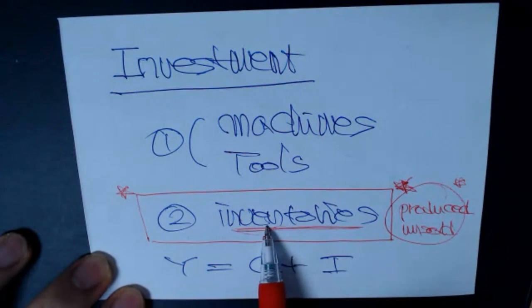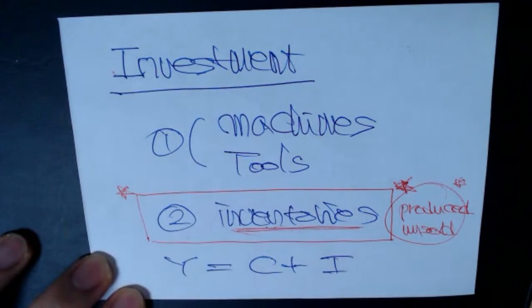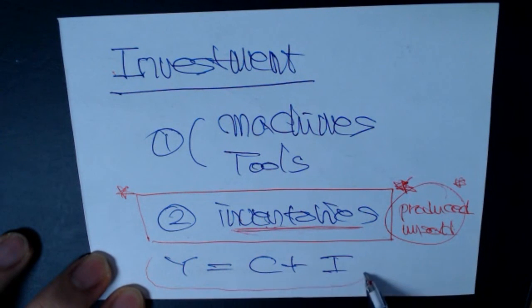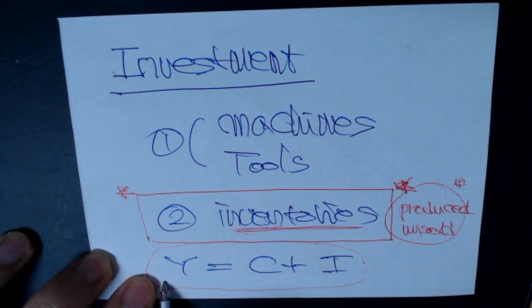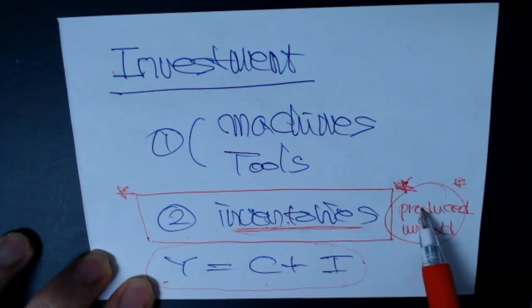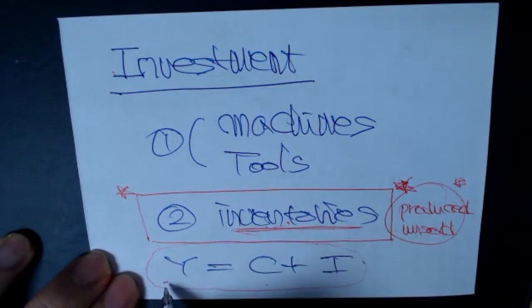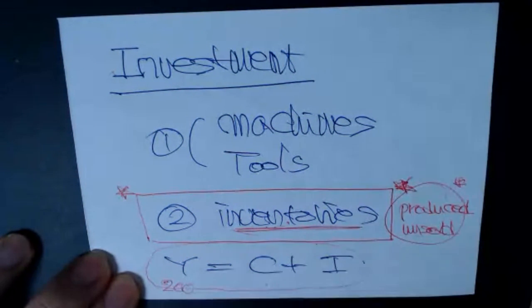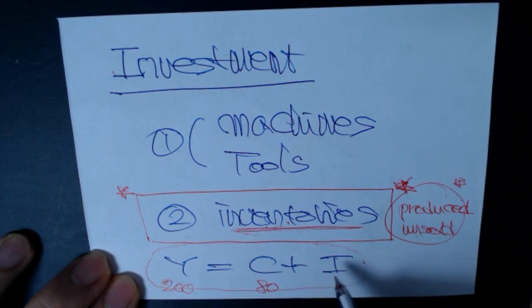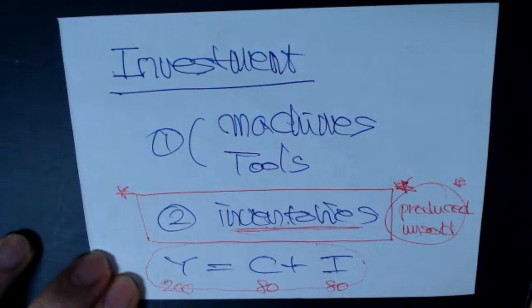Why we call this one part of investment is because if we don't do that, we cannot satisfy this condition. Because what should be produced in an economy must be the same as what is consumed. Now you have inventories, meaning produced but unsold. So where would you put these inventories? For example, 200 output produced, household consume 80 only, and the firm consume 80 only.